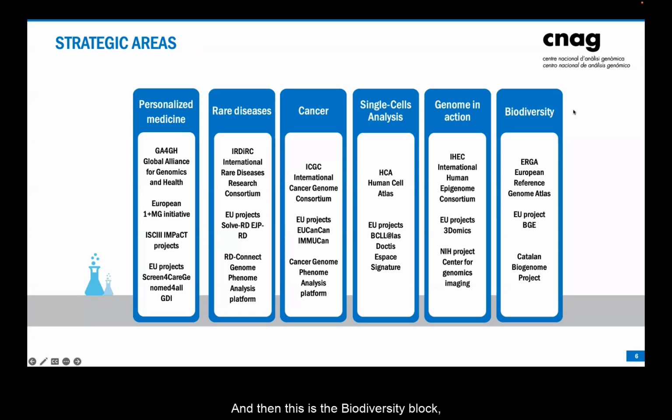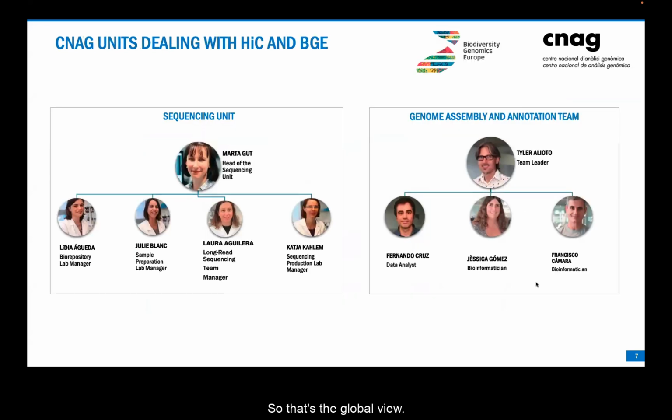And then there is the biodiversity block, where the genome assembly and annotation team works, and the BGE project, the one that funded this course, is the one we are mainly working on, besides also the Catalan Biogenome Project. This is funded by the local government, and also to produce reference sequences for the EBP. So that's the global view.